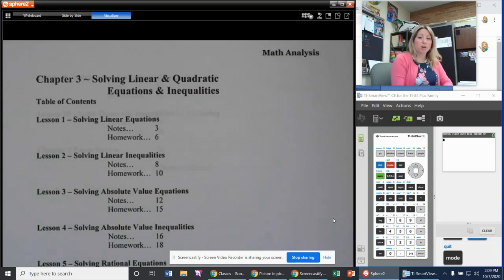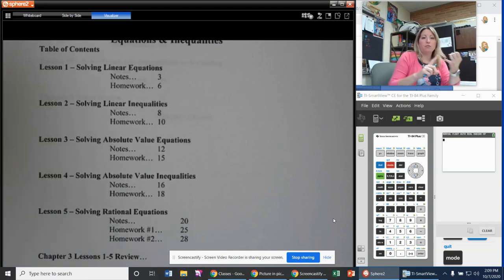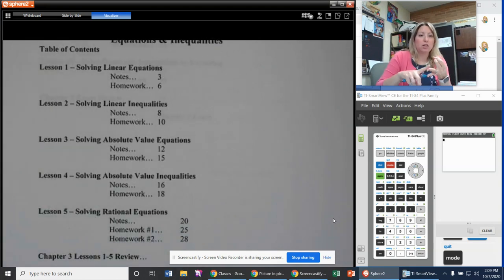Just real quick, there are two quizzes in this chapter. The first quiz is after solving equations, solving inequalities, solving absolute value equations, solving absolute value inequalities, and solving rational equations, which is equations that have fractions in them. So that'll be like LCD, clear the denominator out stuff.